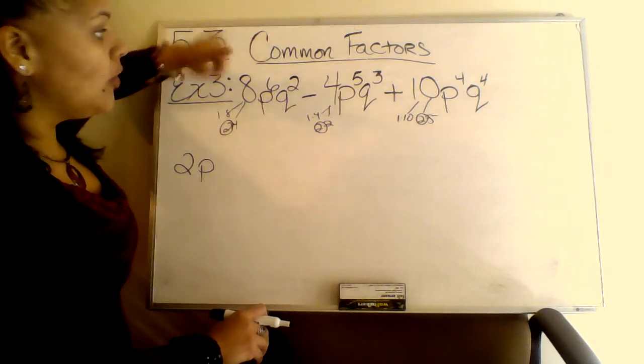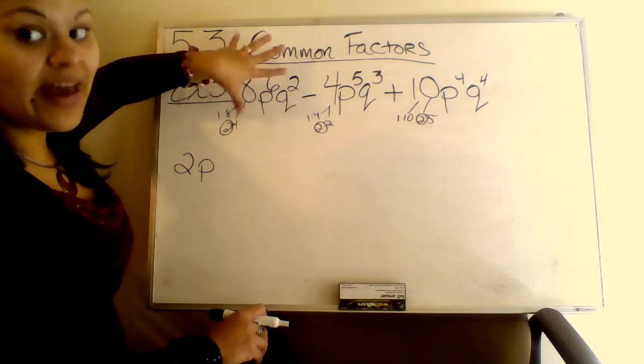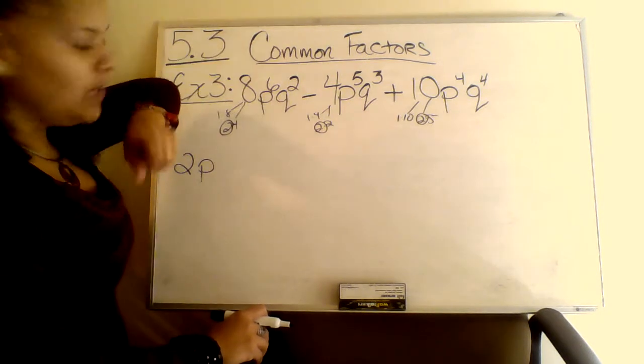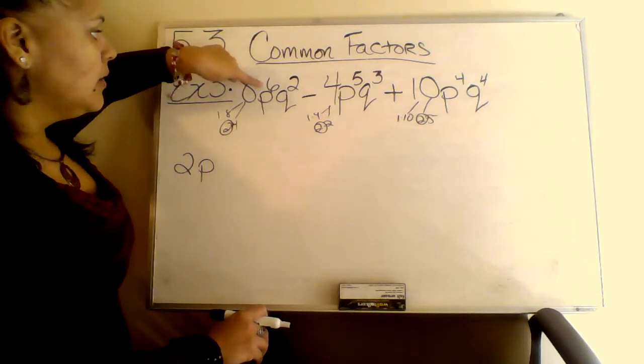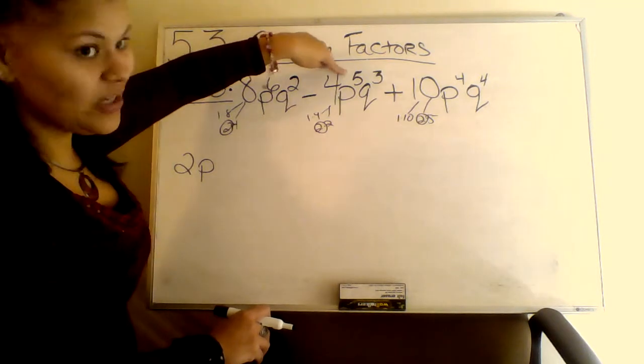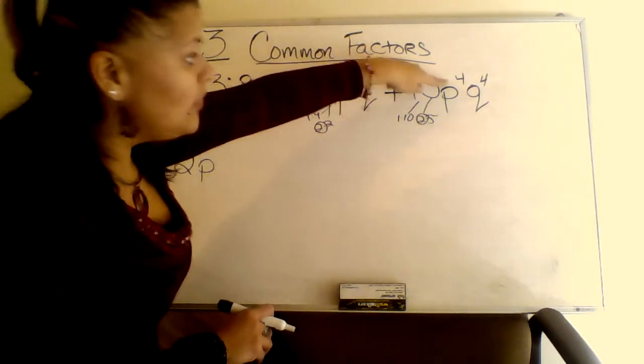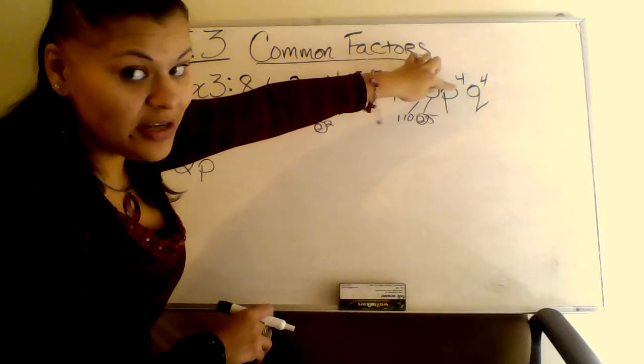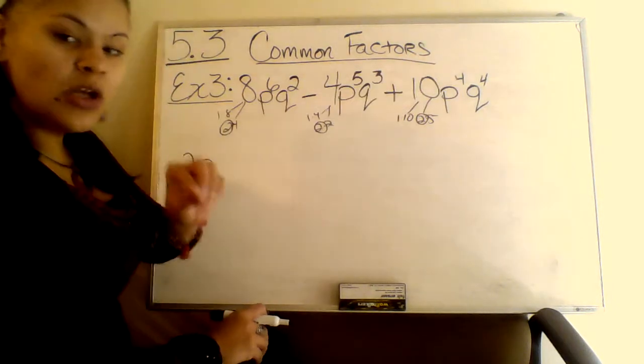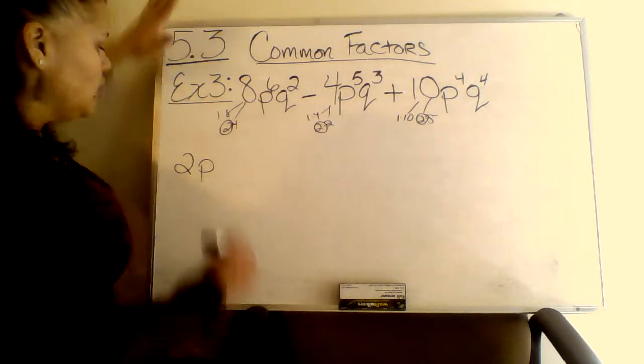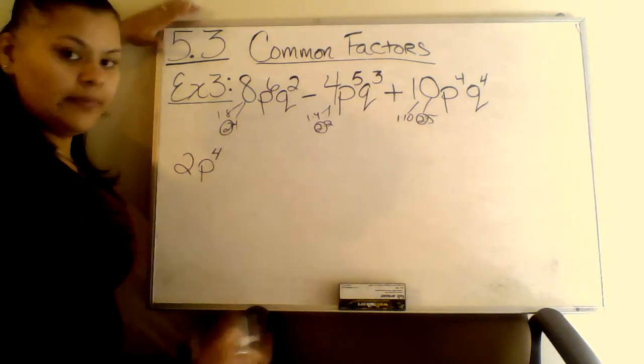We pick the smallest because we know we have that amount in it. If you tried to pick the highest one, 6, we don't have 6 P's in here, we only have 5. And right here we don't have 6 P's either, we only have 4. So we always go with the smallest exponent. So we pick P to the 4th.